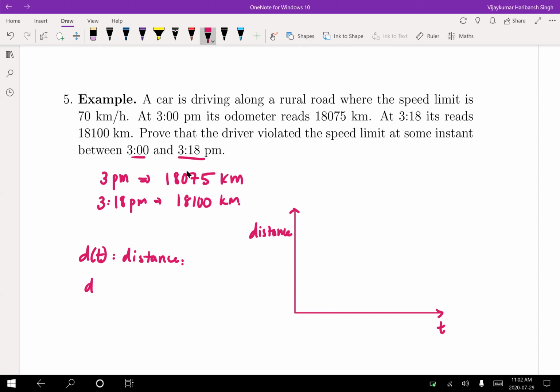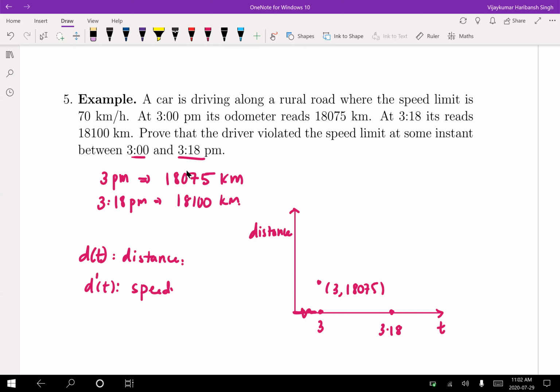If you look at d prime of t, that will give you speed. So what is the distance at 3 p.m.? It is the point (3, 18075). Note the scaling is not proper. Generally when you do a scaling like this, you draw a zigzag to indicate that you have shrunk the axis.